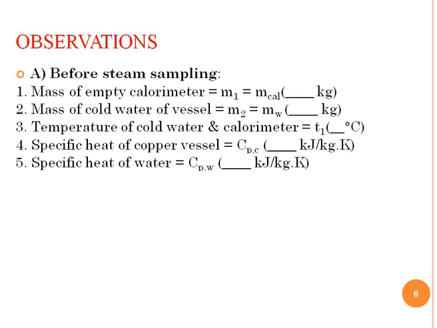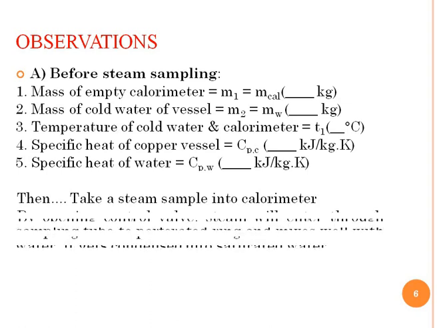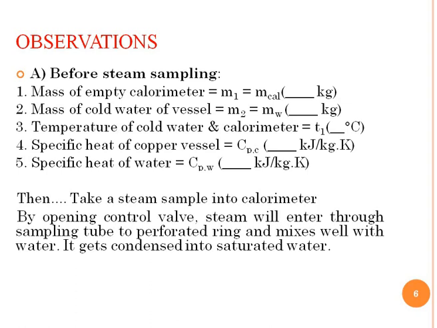Once you note down these 5, you will have to take a steam sample into the calorimeter. And how? By opening the control valve. Steam will enter through the sampling tube, go to the perforated bottom ring, and mix well with the water. After mixing, it gets condensed into saturated water.